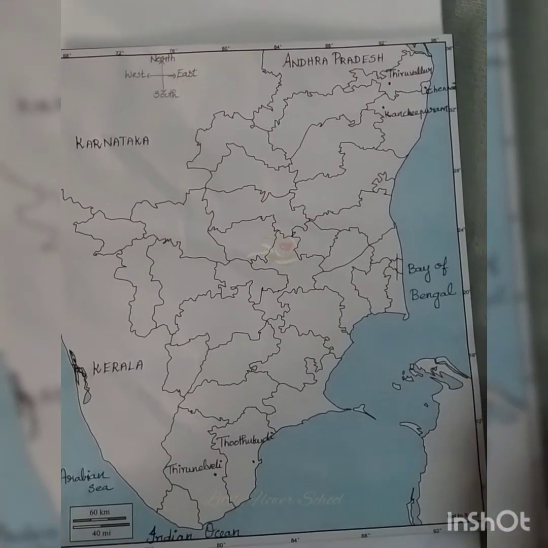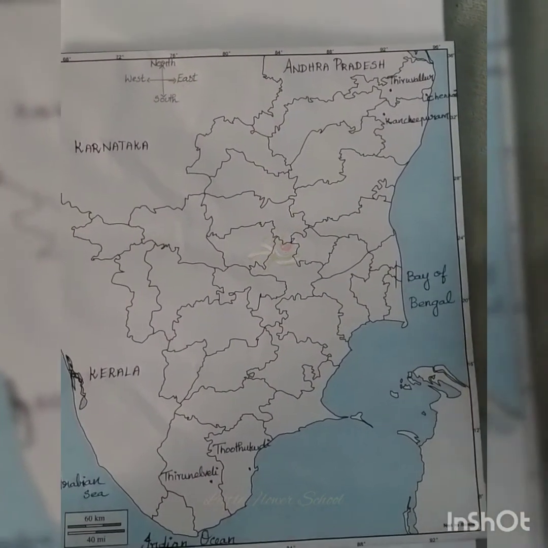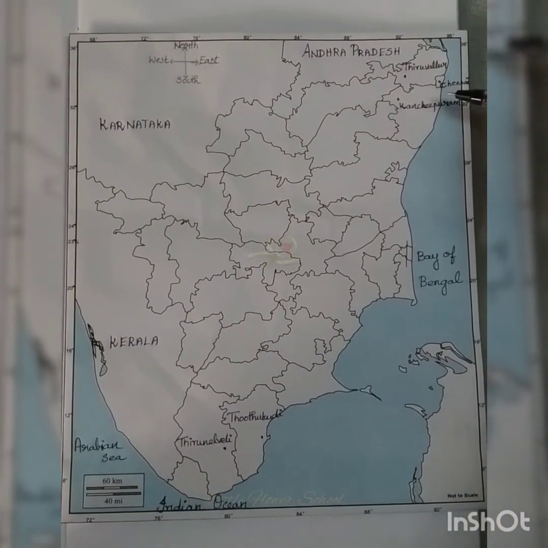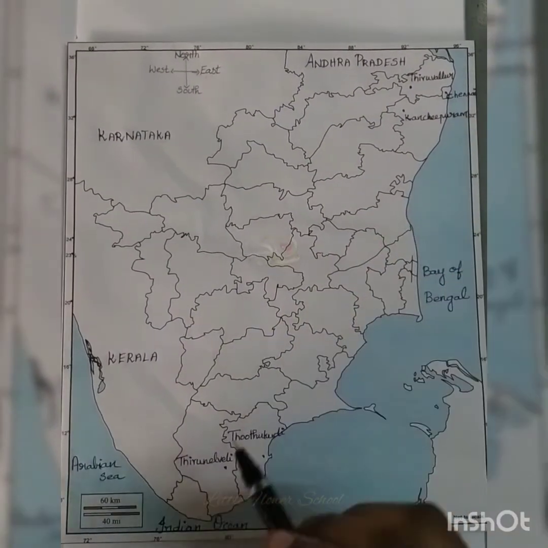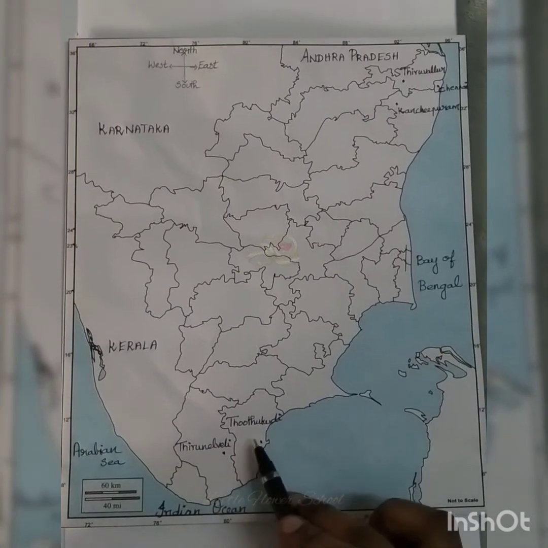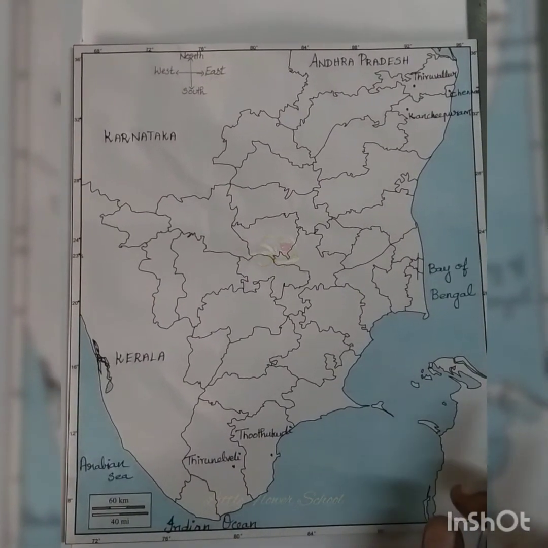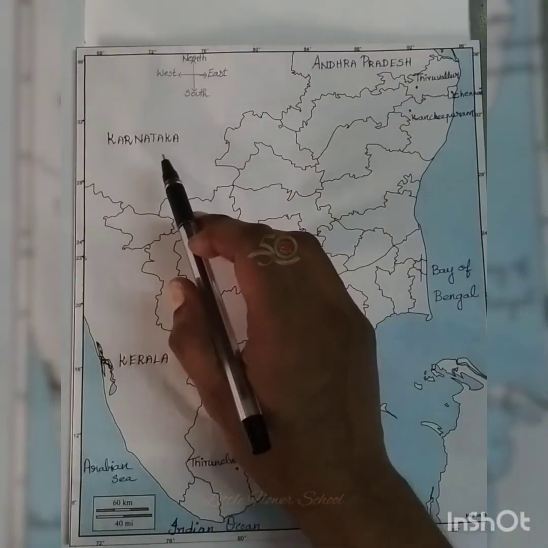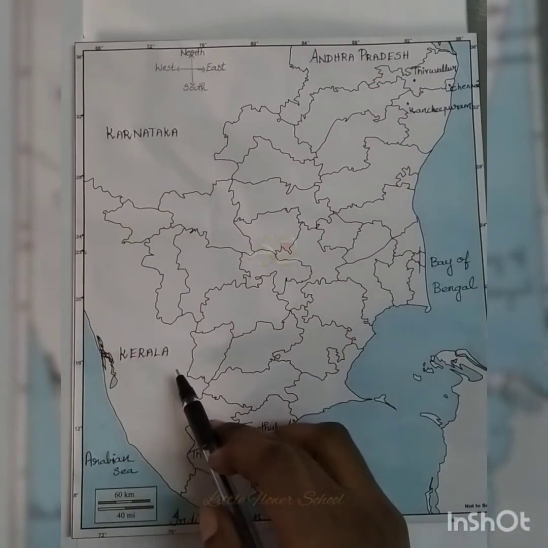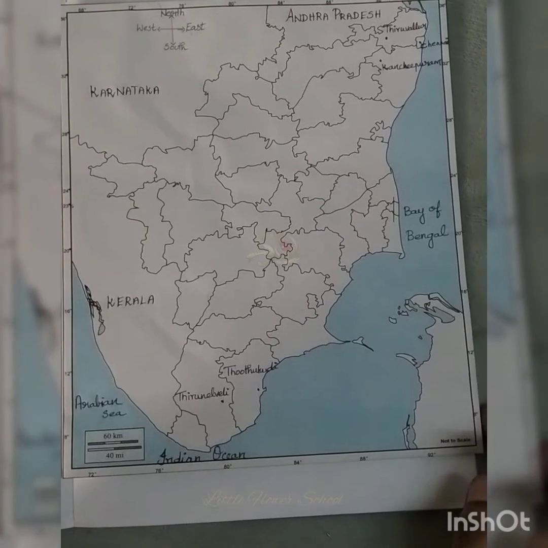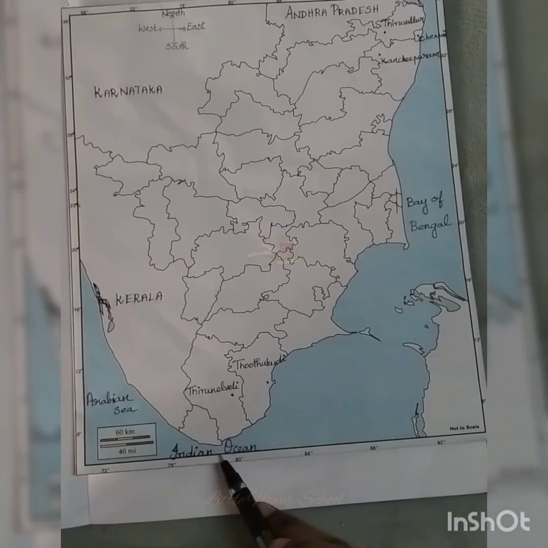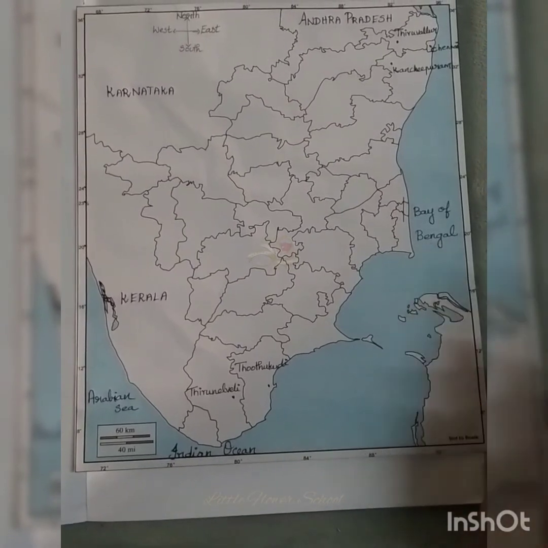And some districts we mark today are Tiruvallur, Chennai, Kanchipuram, Tirunelveli, Thoothukudi. And the neighboring states, keep in mind, children: Andhra Pradesh, Karnataka, Kerala. And the oceans we mark today are Arabian Sea, Indian Ocean, Bay of Bengal.